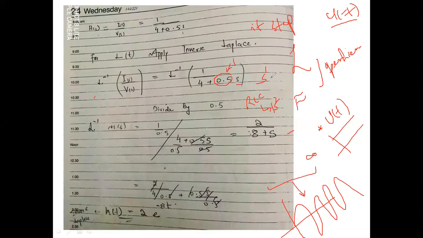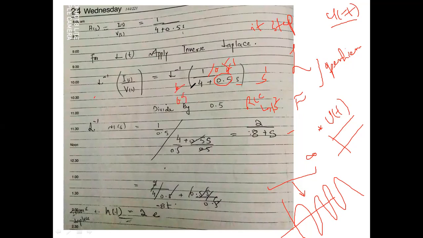But in this case, RL circuit or RC circuit, the highest term is s, so the coefficient of s must be 1. So for this purpose, we have to divide by 0.5 in the numerator and denominator.